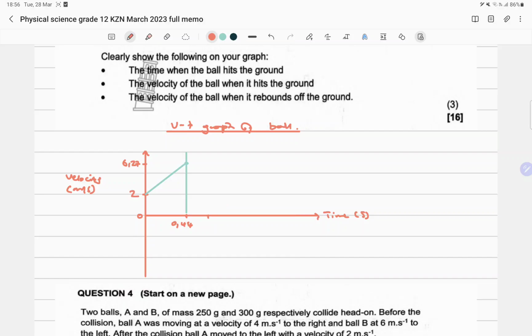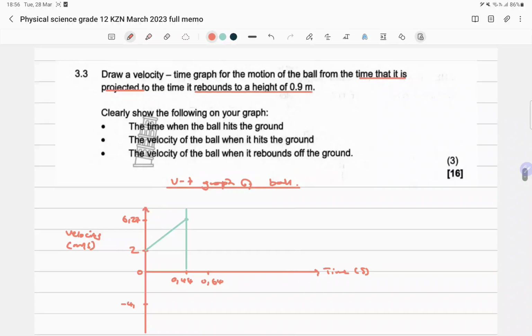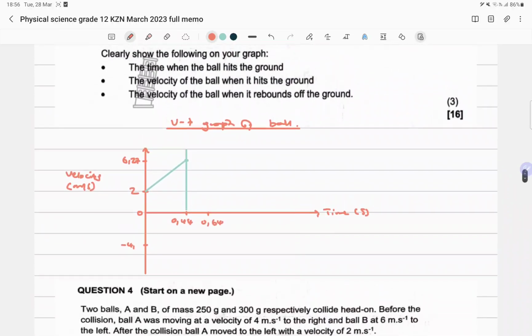If we say that period is 0,2, so it's 0,44 plus 0,2, it gives us 0,64 seconds. That is when it started bouncing off. So this one we can make it here. It's not really drawn to scale, minus 4,20.